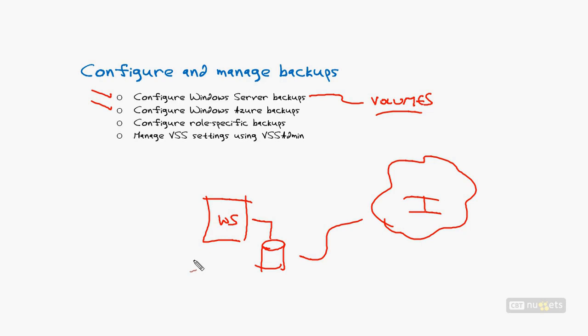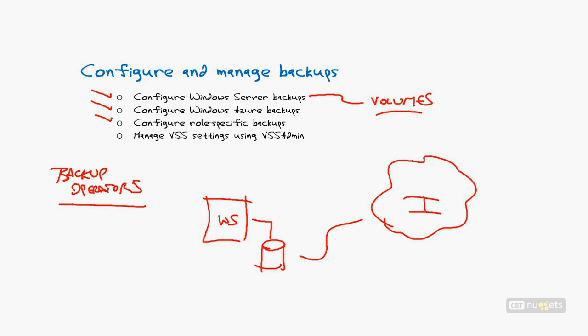I also want to talk a bit about role-specific backups, and there's just one little gotcha here that you should be prepared for. You may already be aware that there is a group called Backup Operators. The Backup Operators group is ostensibly designed for the group of people that you have as the people who do backups.